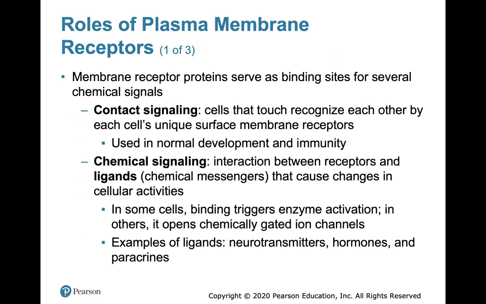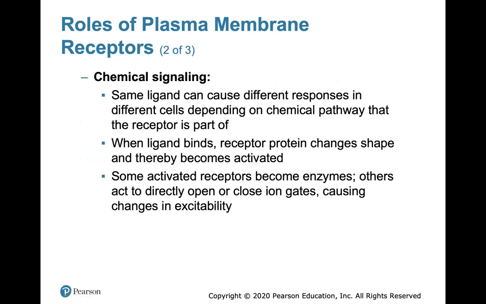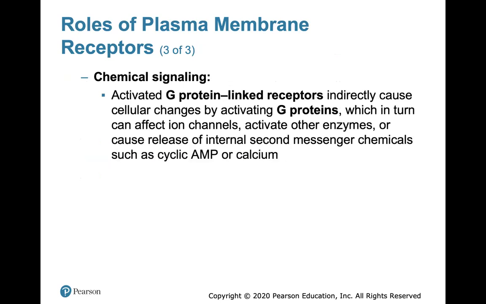Membrane receptor proteins serve as binding sites for several chemical signals: contact signaling and chemical signaling. These are just different roles of membrane receptors. Chemical signaling is important because the chemical ligands can bind, causing an interaction inside the cell.